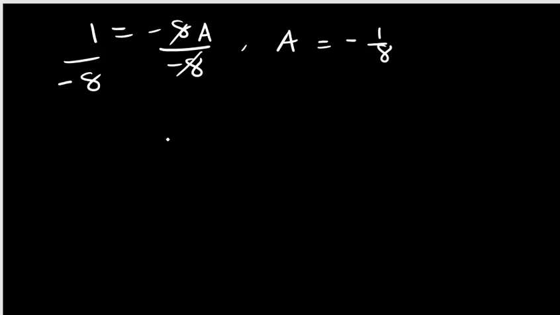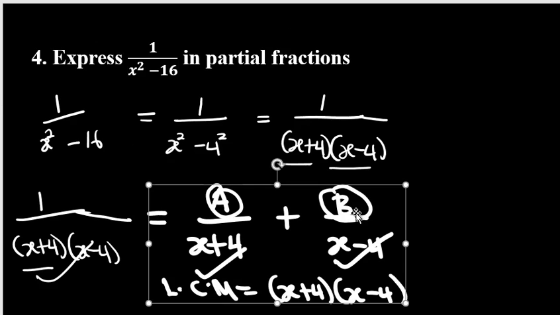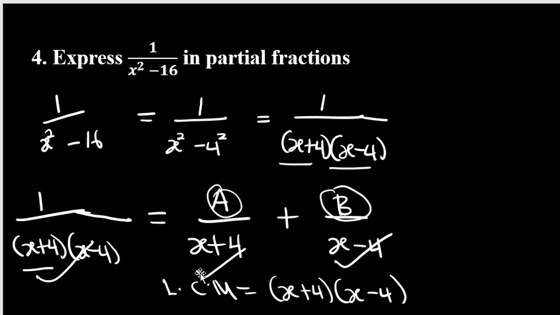Therefore, getting the value for a to be equal to negative 1 over 8 and the b being equal to 1 over 8. You don't end here. You substitute them into the original expression. That is what we had here. That is the a and b. You have to substitute the values into this particular equation or expression.